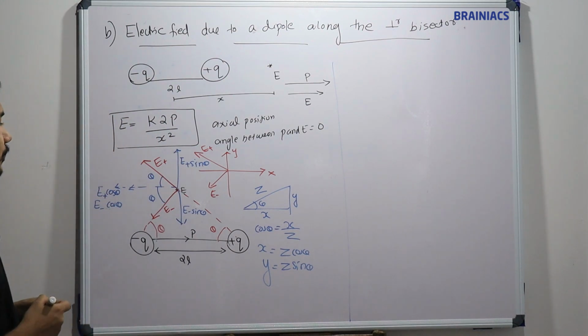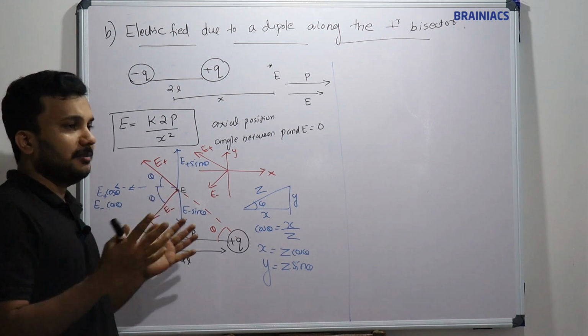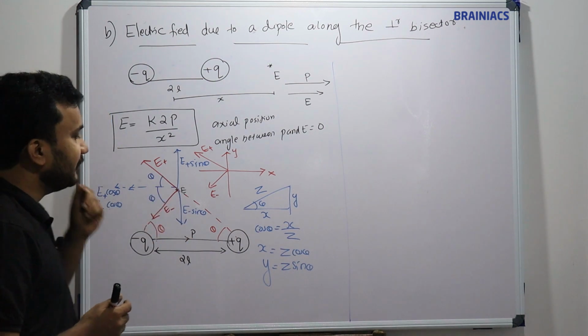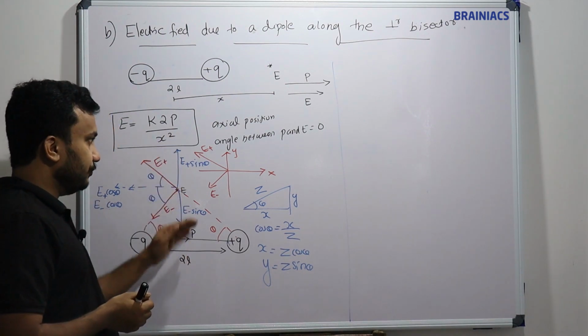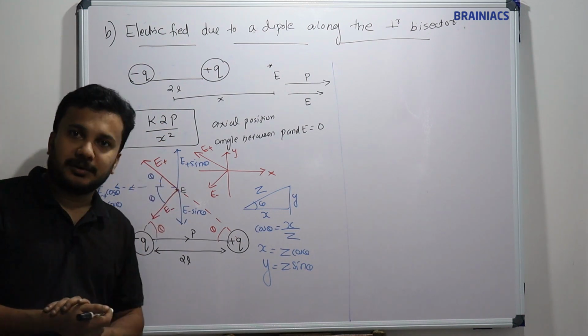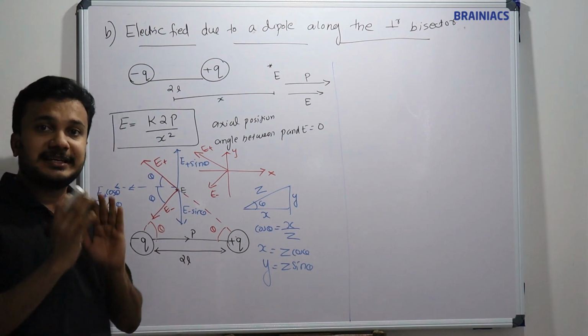So let's move ahead and see which components will get cancelled. We have learned the same stuff many times already in electrostatics, right? This is a plus component, this is a minus component, and they are in opposite directions. E plus and E minus are equal in magnitude, though different in sign.